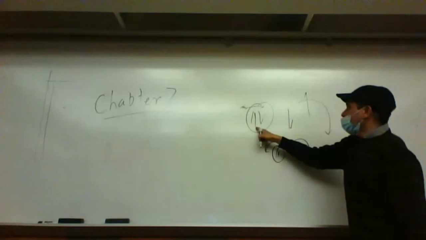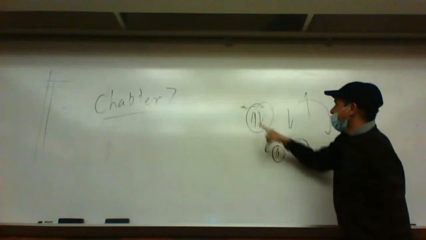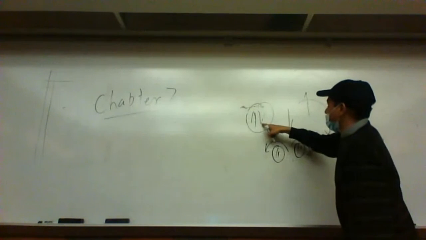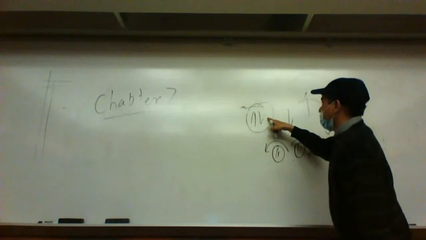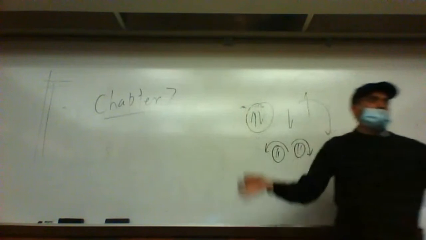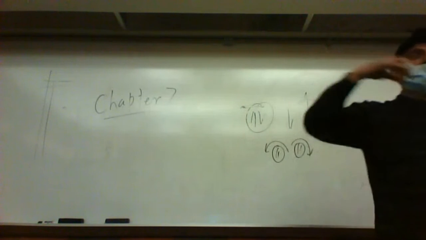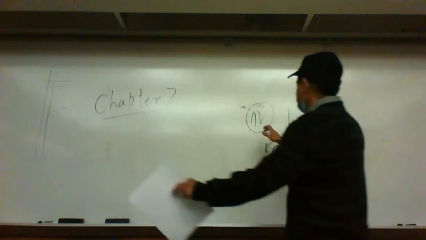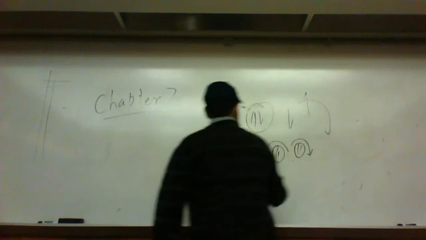So the upward arrow shows the electron is spinning clockwise. The downward arrow shows another electron spinning anti-clockwise. Good. So how many quantum numbers does this one have? Let's write.